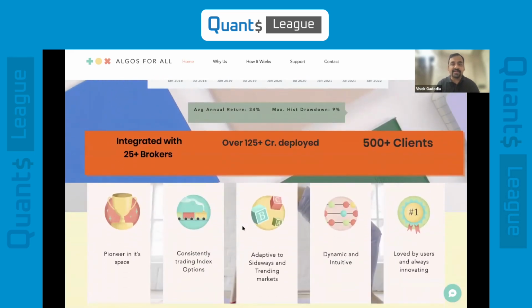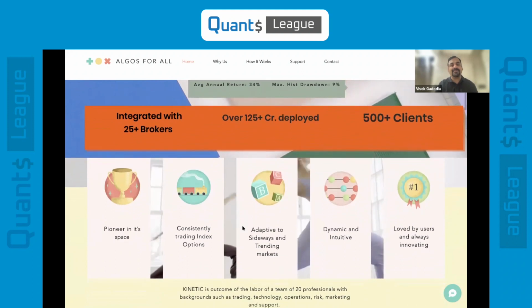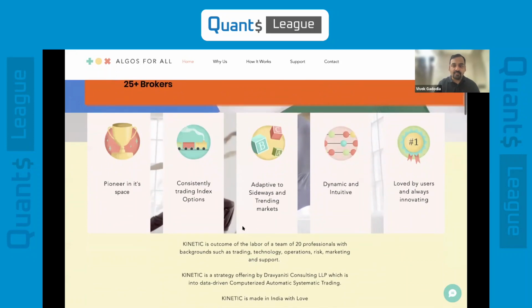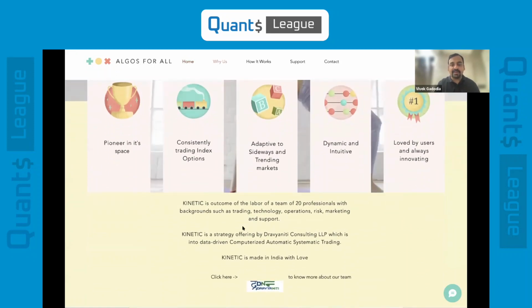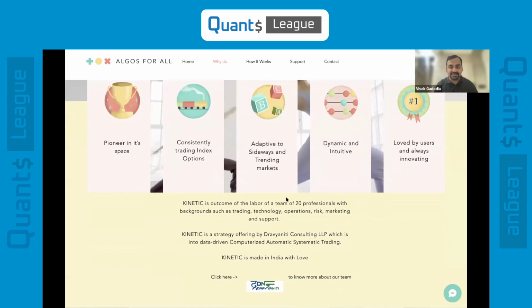This is integrated with about 25 plus brokers. Over 100 crores is deployed across brokers and platforms, and more than 500 people have been using this solution. It has the benefits of both non-directional and directional, so it can adapt to sideways as well as trending markets.